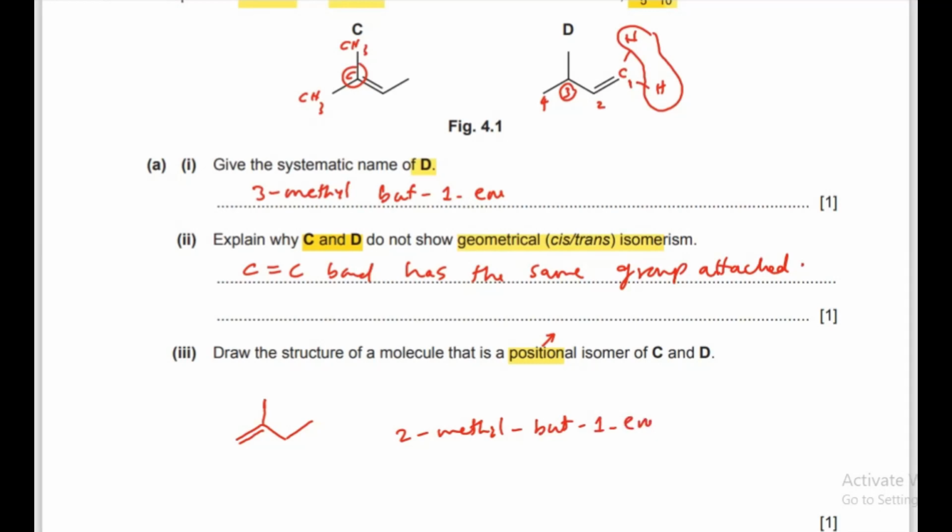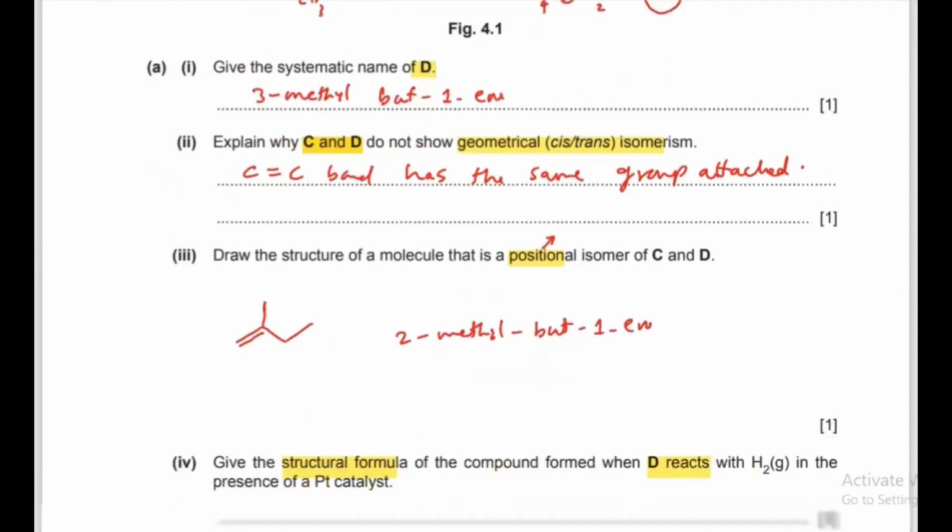So in both these structures, D is but-1-ene, but D is 3-methyl and this is 2-methyl. So we can change the position of this branch or the position of the double bond. As the double bond is on both positions, this is a 1-ene and this is a 2-ene, so we can change the position of the alkyl group.